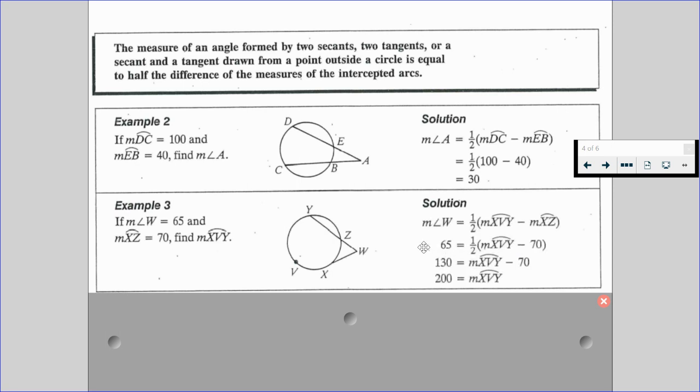We know our measure of angle W is 65, so that's equal to half of our major arc minus our minor arc. We multiply both sides by 2 and get 130 is equal to our major arc minus the measure of our minor arc. So we add 70 to both sides, and we end up with 200 degrees as the measure of the major arc.